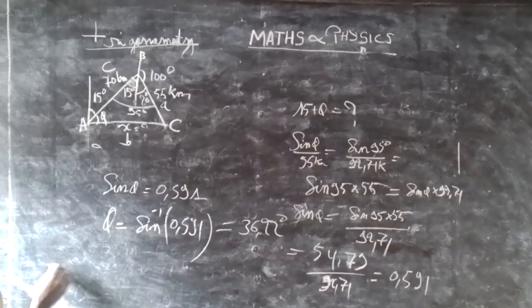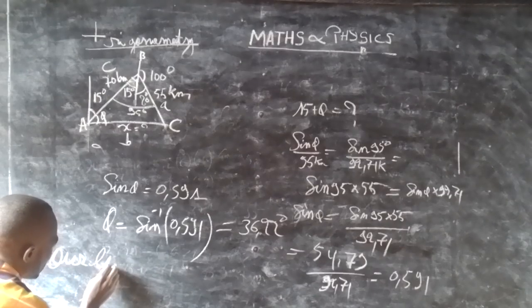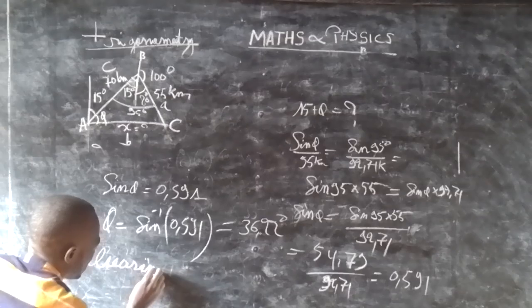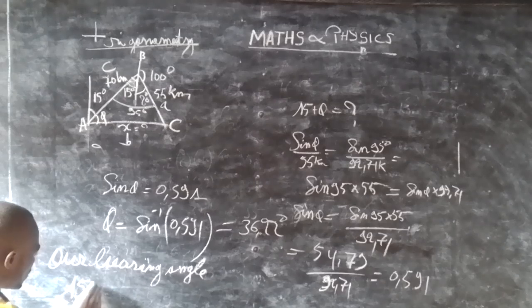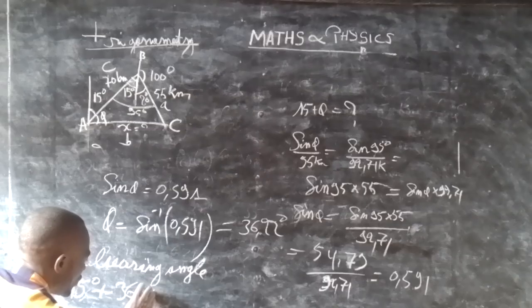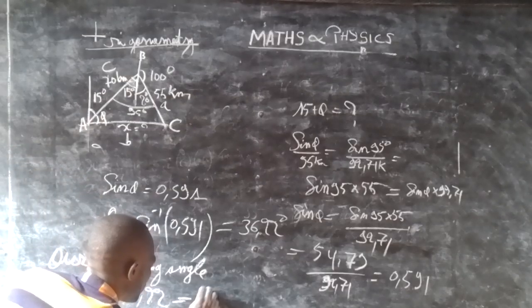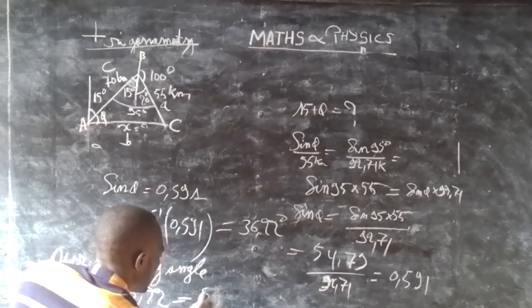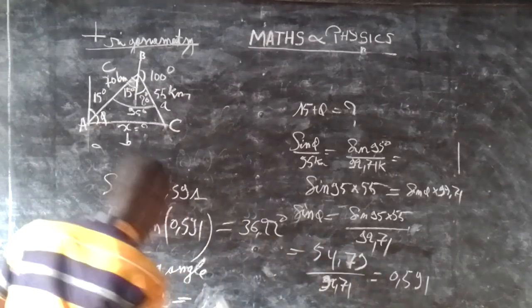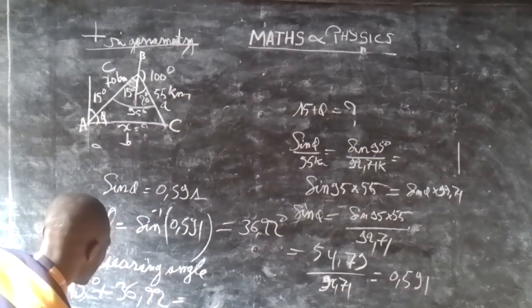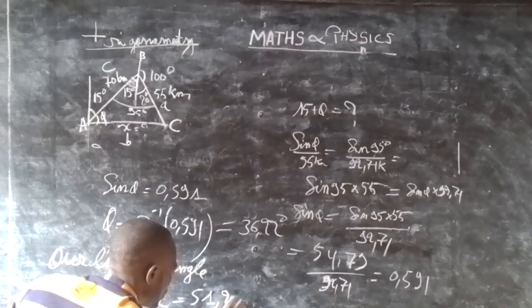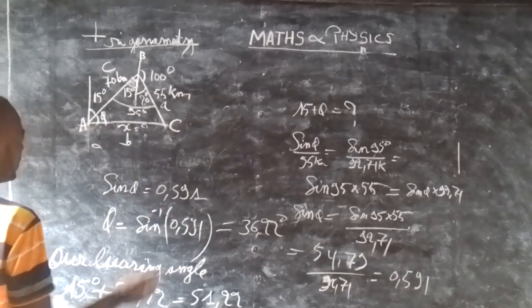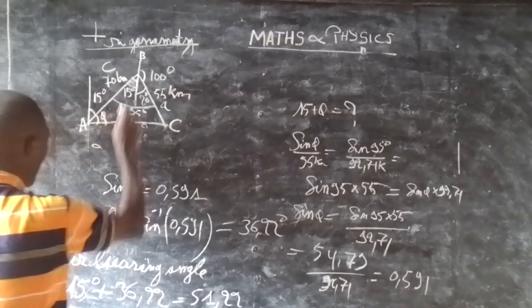So our bearing angle will be equal to 15 degrees plus 36.22, which is equal to 51.22 degrees, which is our final answer, what we were asked to determine.